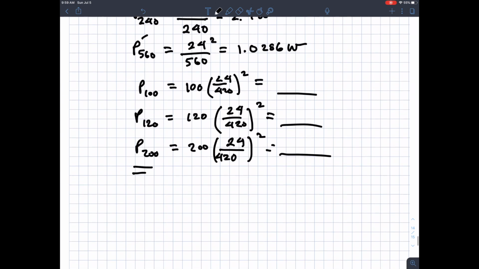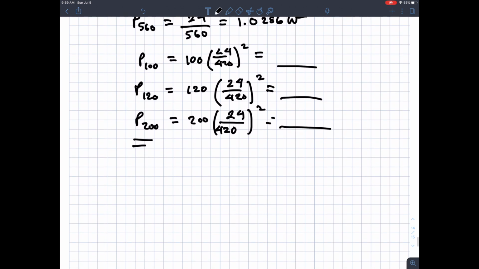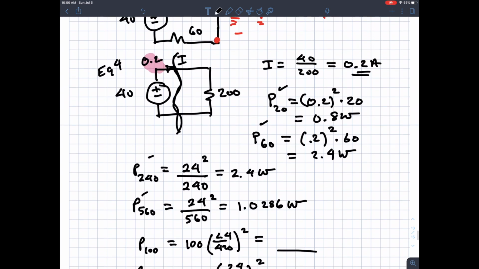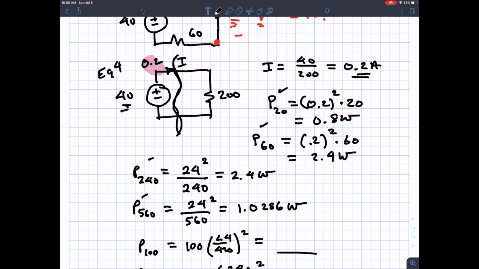And then if you looked at the power supplied by the 40 amp source, the power supplied by the 40 amp source is going to be 40 times 0.2. All right, because I know looking at the equivalent circuit, the 40 volt source is producing 0.2 amps.